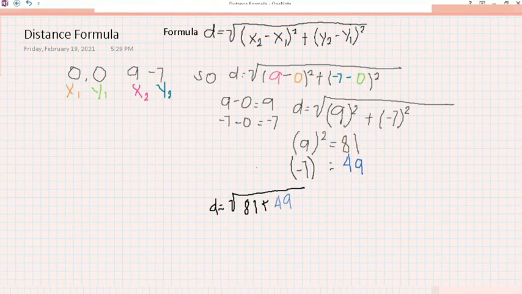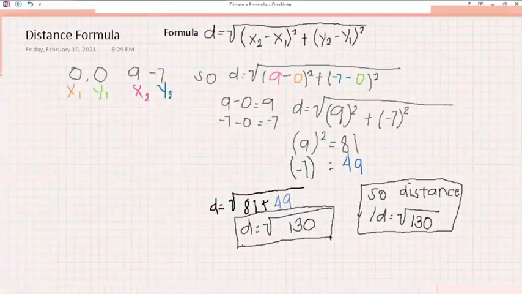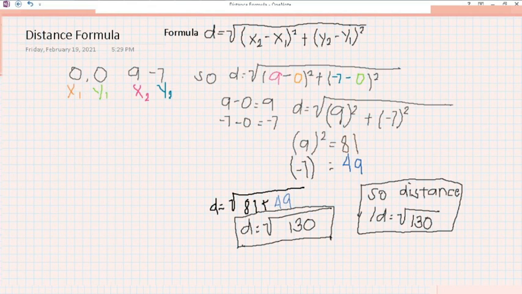Next, d is equal to the square root of 9 squared, which is 81, plus negative 7 squared, which is 49. So d is equal to the square root of 81 plus 49, which is 130. So our final answer is d is equal to the square root of 130 because the square root of 130 is not a perfect square, and also it doesn't have a perfect square factor, so our final answer is d is equal to the square root of 130.